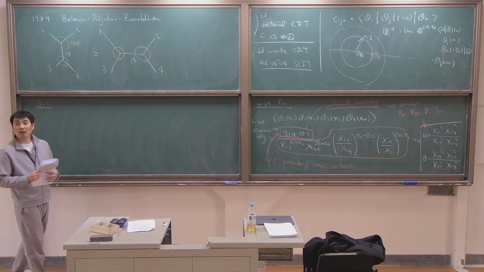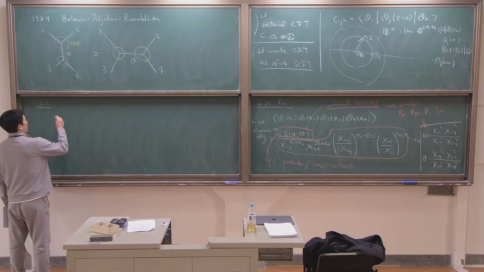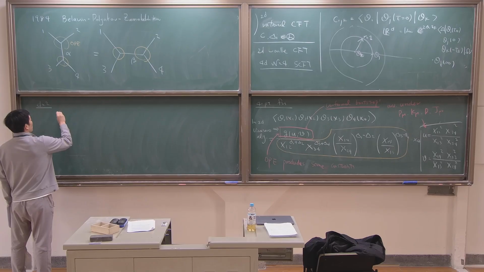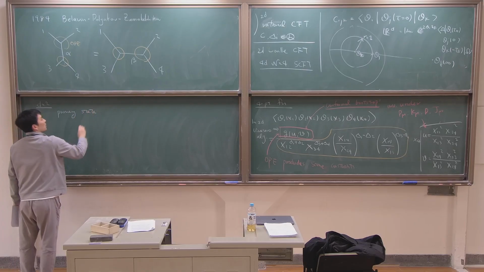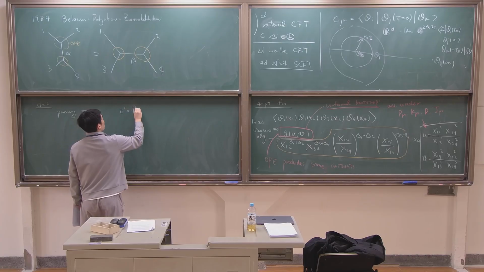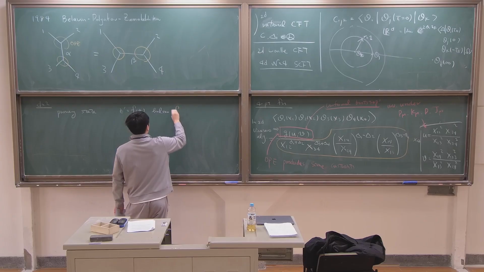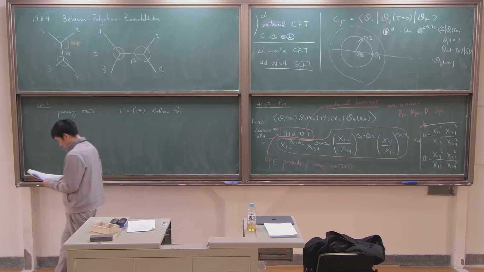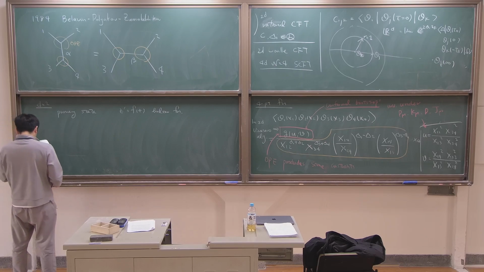I don't think I have time to talk about it, but in two dimensions, for the primary state, there's another way to define a primary state. The conformal transformation is given by d times f of z, the holomorphic function. And the other way to define the primary state is this.